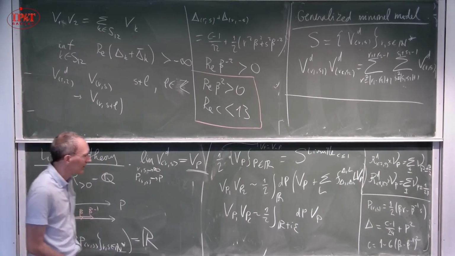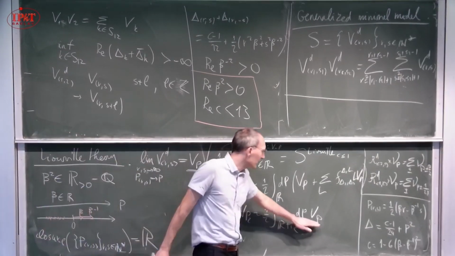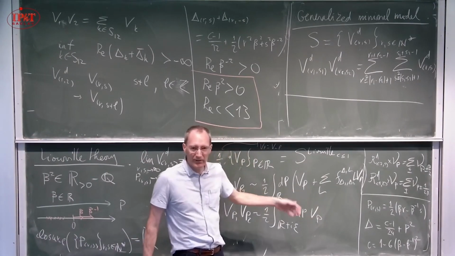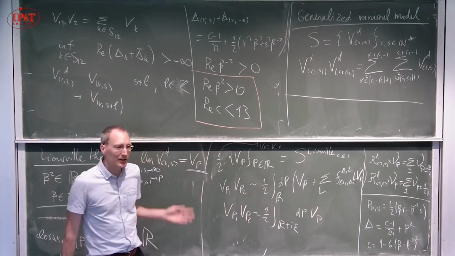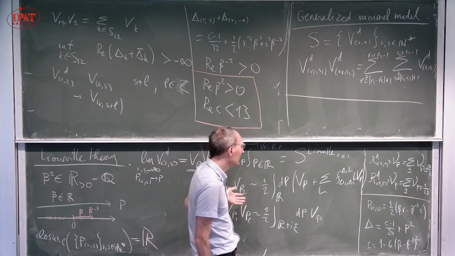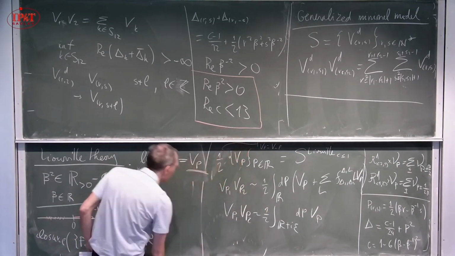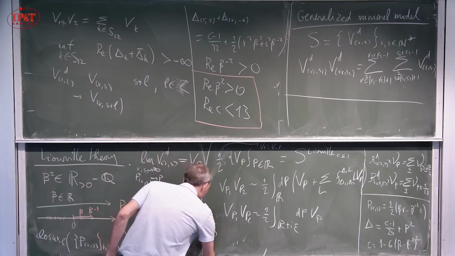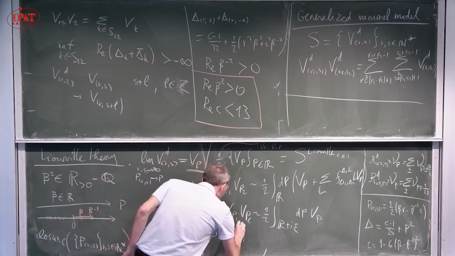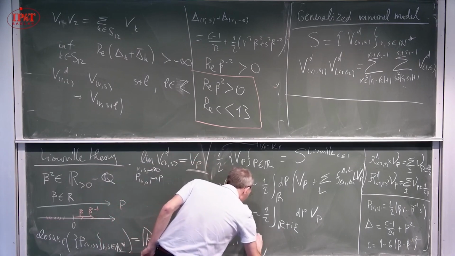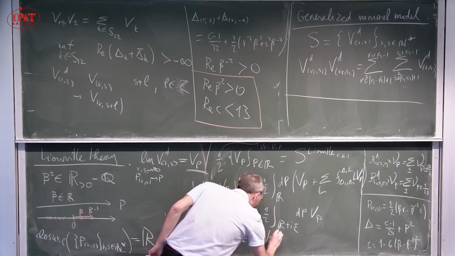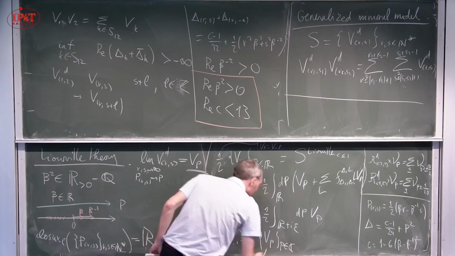But now to do that, I have to assume that I have some VP with complex values of the momentum, which, if you want, I'm assuming by saying this is an extended spectrum. So the extended spectrum of this Liouville theory would include all the VPs with complex momentum.